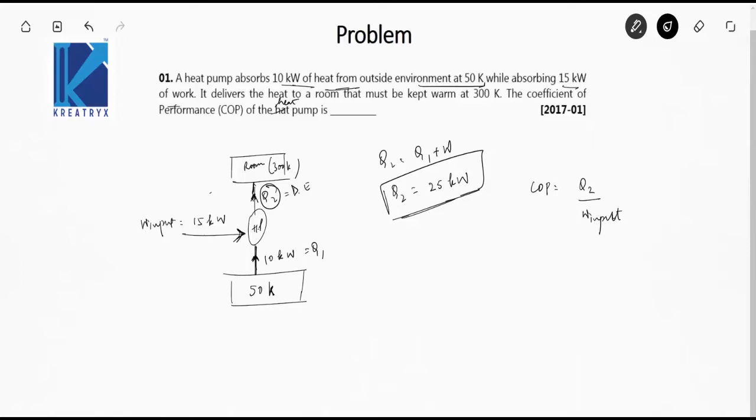Here a heat pump is given, so Q2 is our desired effect, and COP is equal to Q2 upon work input. Q2 is equal to 25 kilowatt that we have found just now. Work input is 15, so that is 5 by 3, which is equal to 1.67. So the COP of the heat pump is 1.67.